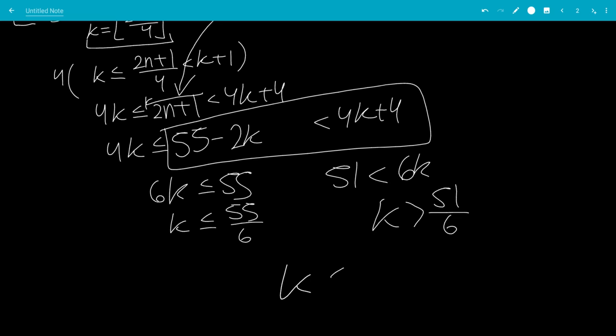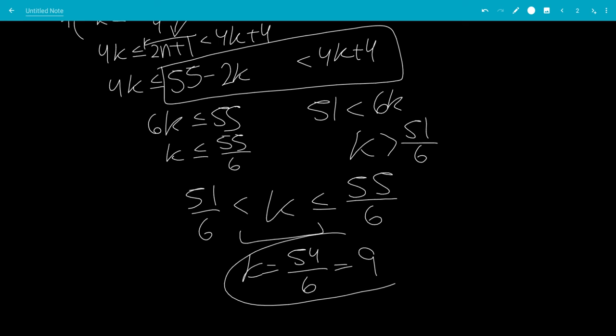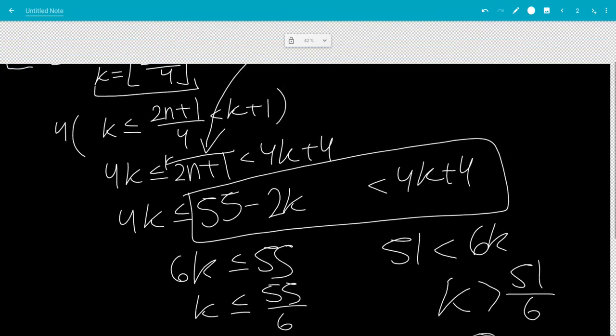So we have that k is between 51 over 6 and 55 over 6, but k is an integer, so it will never equal 55 over 6. In the middle of these two, we have k equals 54 over 6, which is 9. So k equals 9 is the correct value for k.